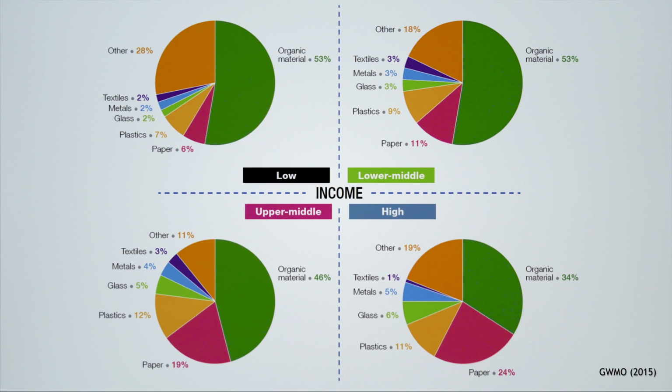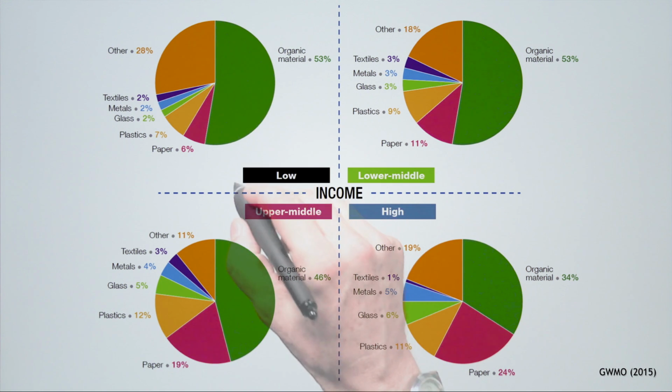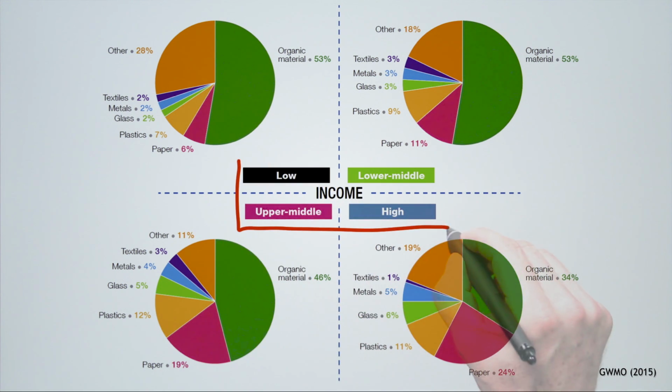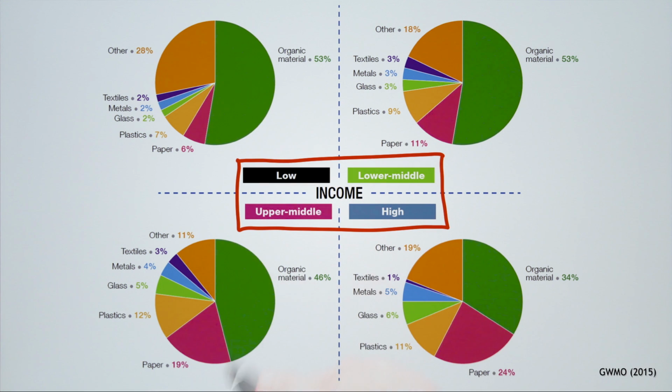Now let's look at municipal solid waste composition. These pie charts show the different fractions in municipal solid waste. What we are showing are 4 different pie charts for 4 different income groups: low-income countries, lower middle-income countries, upper middle-income countries, and high-income countries.